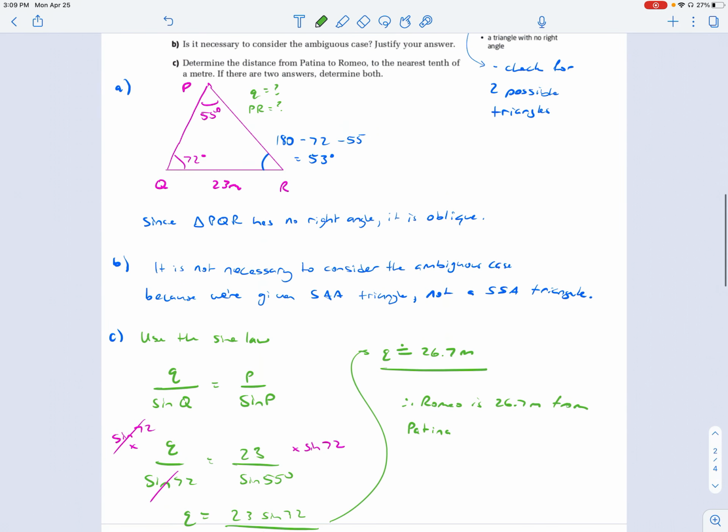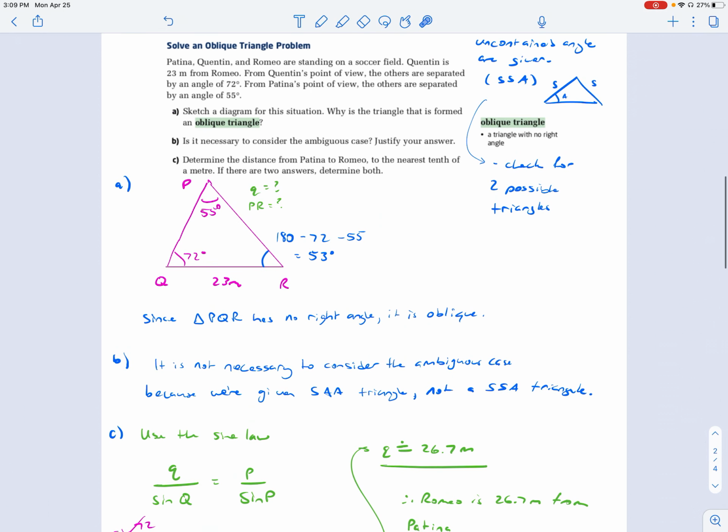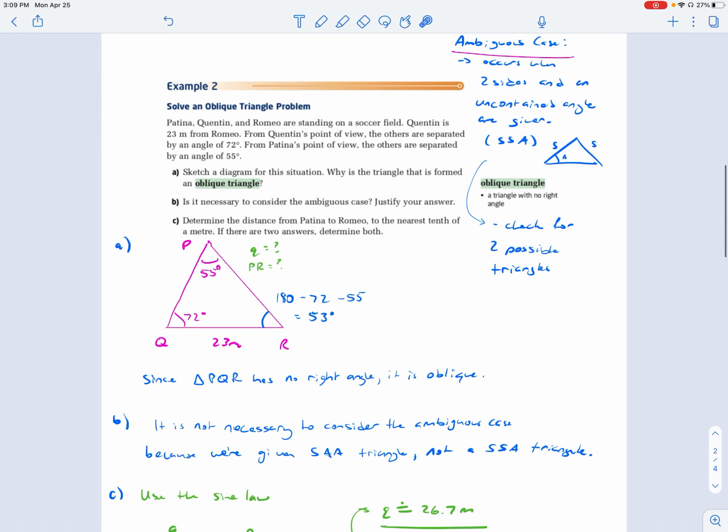Okay, so that is it for this example. What you want to take away from this is you want to be able to read a question and then draw out the situation. Then you want to look at what kind of triangle you're given. If you're given a side-side angle triangle, then you're going to have the ambiguous case, which means there'll be two triangles to draw.